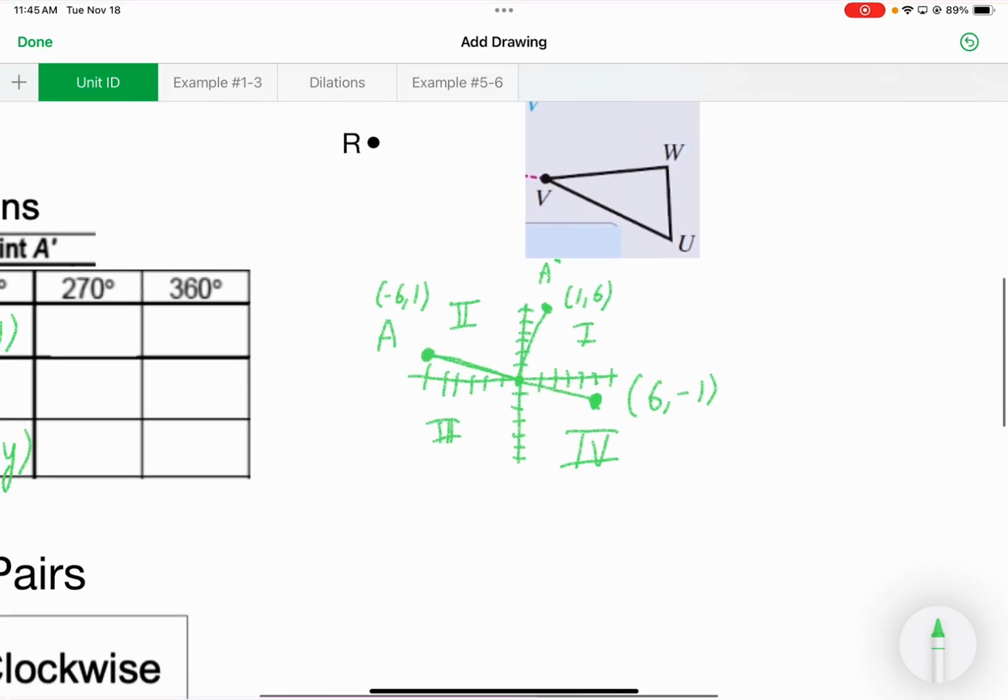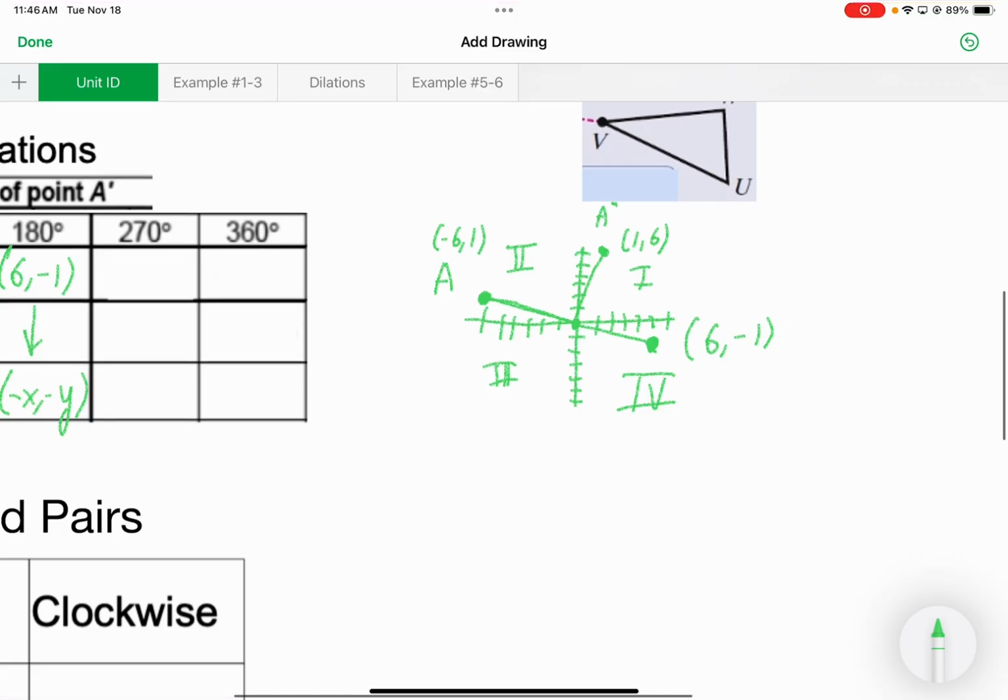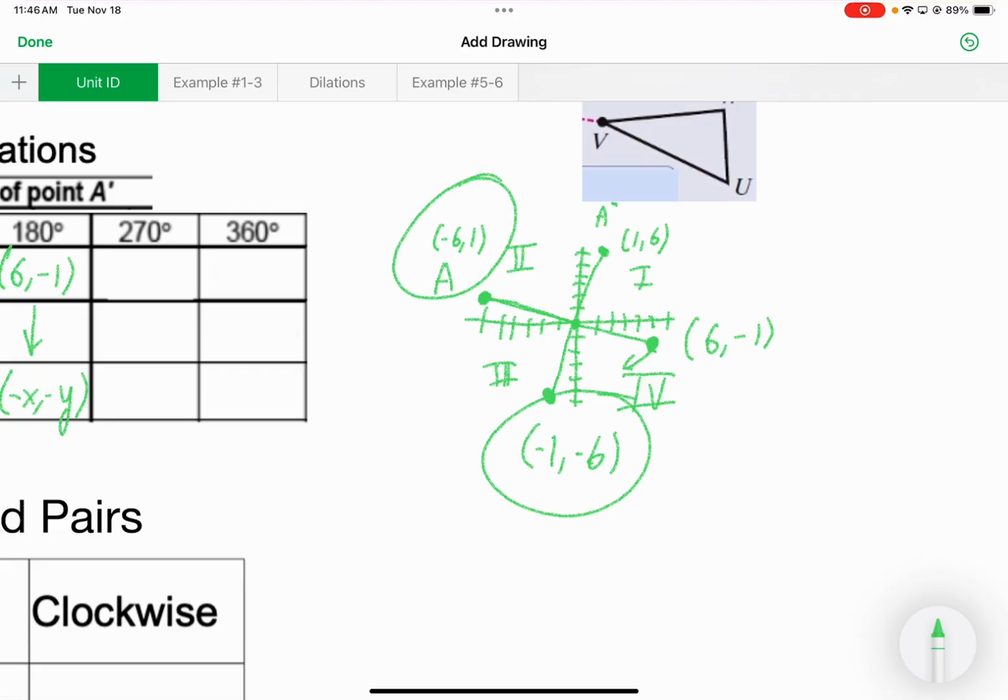Okay, let's say 270 degrees. So 270 is more than 180. So I'm just going to rotate this point 90 degrees more than 180. And it's going to end up right there, which is going to be the coordinate point -1, -6. So then what did I do to get from this point to this point? You flip them.